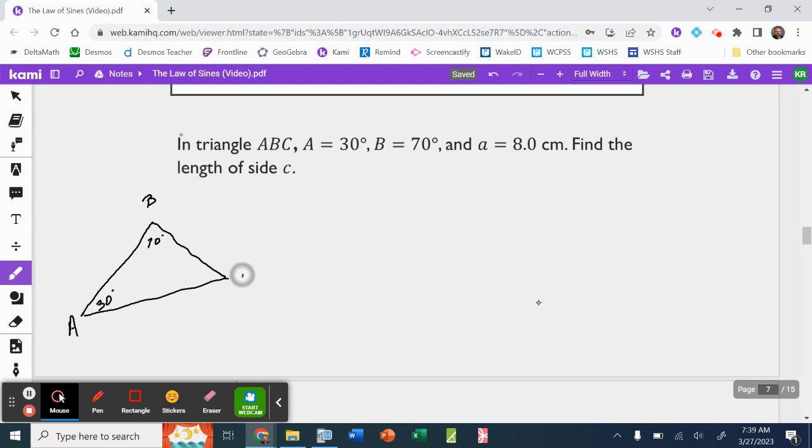And this, of course, would be angle C. And we know that side C is 8 centimeters in length. So this over here is side C, and this is 8.0 centimeters in length. I'm sorry, side a is supposed to be 8.0 centimeters in length. We're finding side c. So side a, that would be this side over here, is 8 centimeters in length.